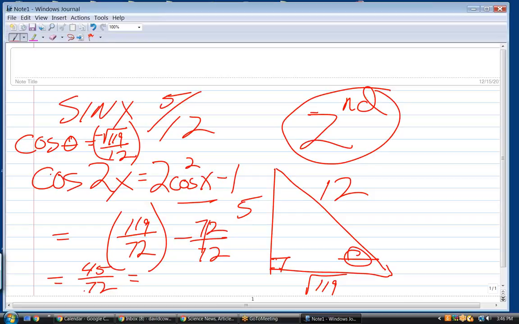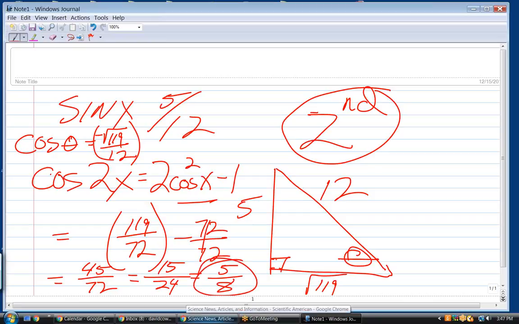I can divide top and bottom by at least 3. 15 over 24, and divide that by 3 again, 5/8. Okay. That's what the cosine of 2 theta is.